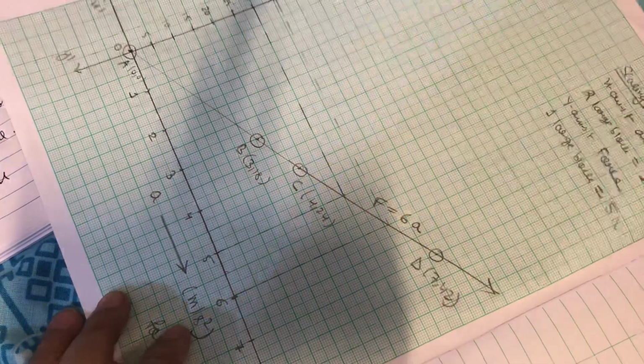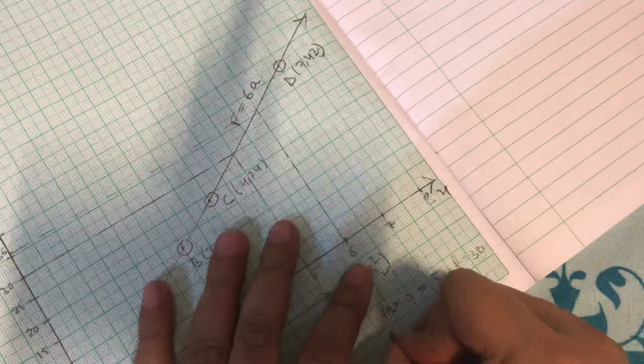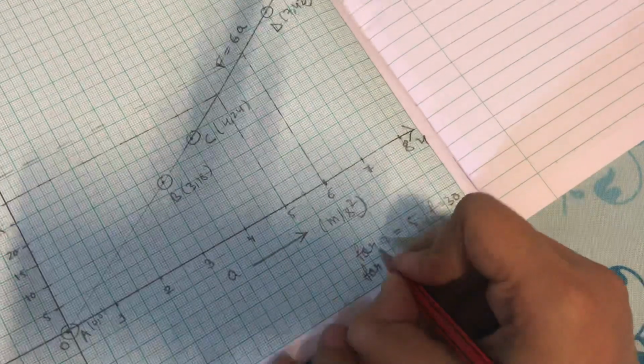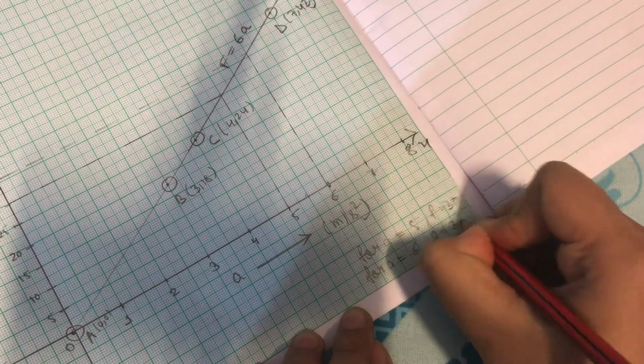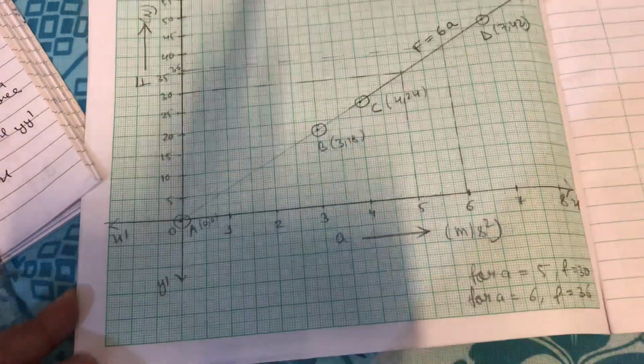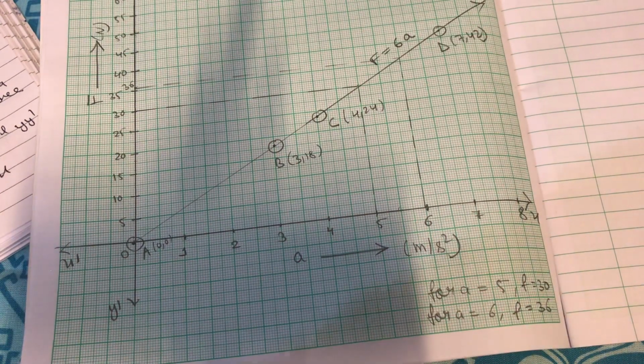So it's not the straight line. So this is my 36. That's why I said to do the calculation first in the rough, so it will help you to plot the point. Graphically also I got the same value. That means my calculation is right and the graph which I have plotted is also right. So this is how we plot.